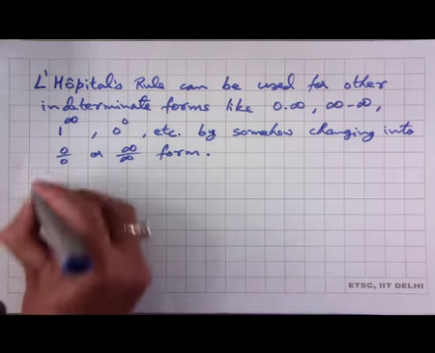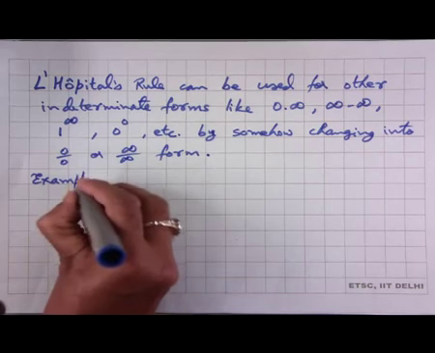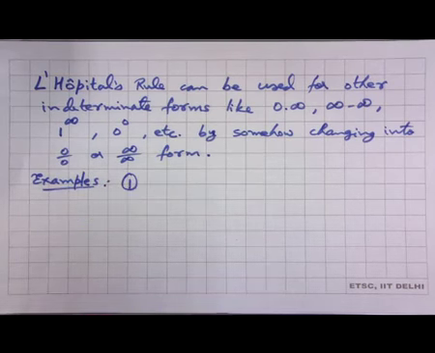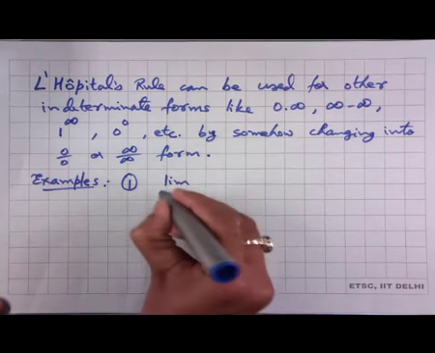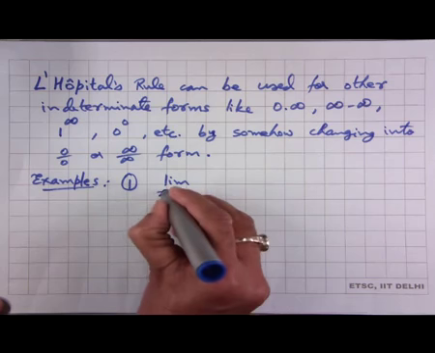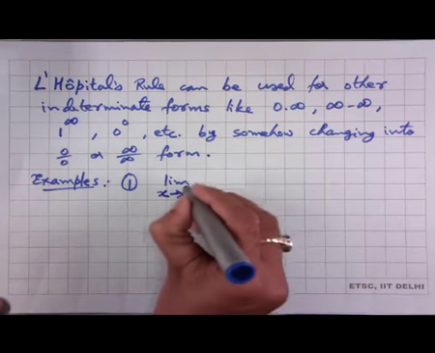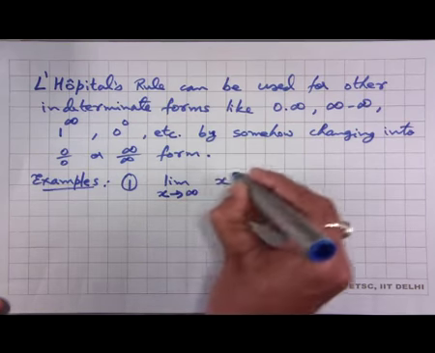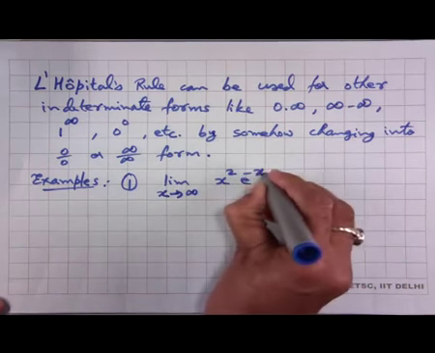So, for example, let us first calculate what is limit of x going to infinity of x square times e to the minus x.